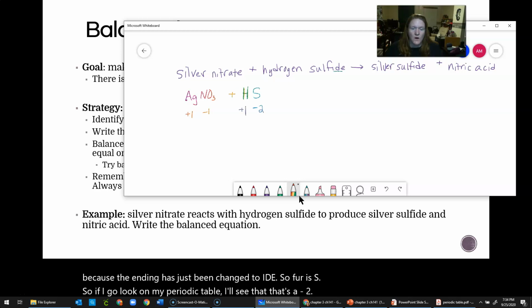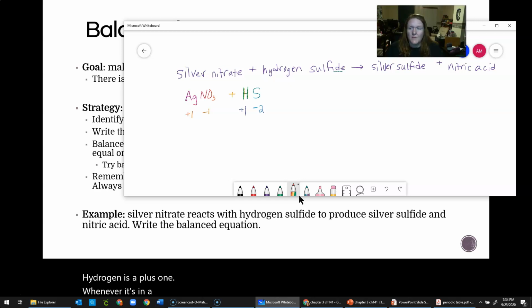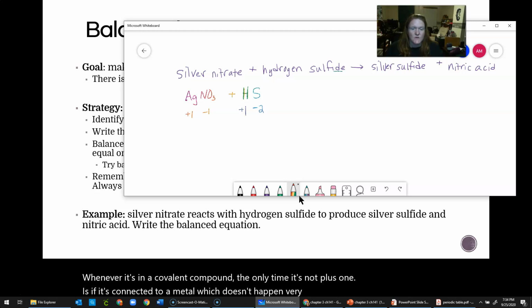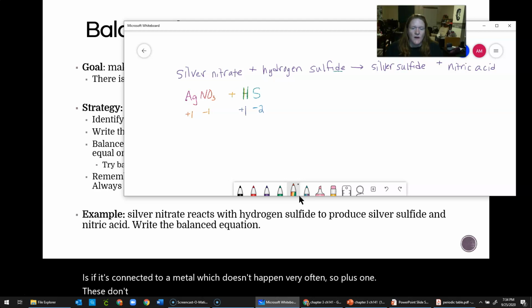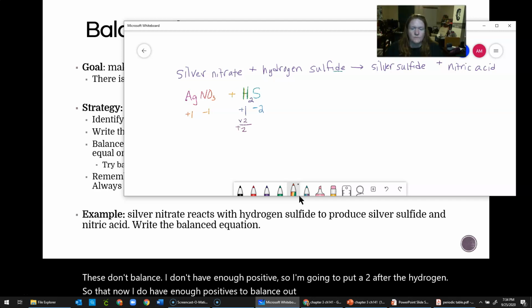Hydrogen is a +1 whenever it's in a covalent compound. The only time it's not +1 is if it's connected to a metal, which doesn't happen very often. So +1. These don't balance. I don't have enough positives, so I'm going to put a 2 after the hydrogen so that now I do have enough positives to balance out my negatives.